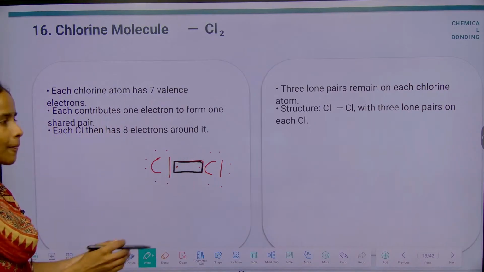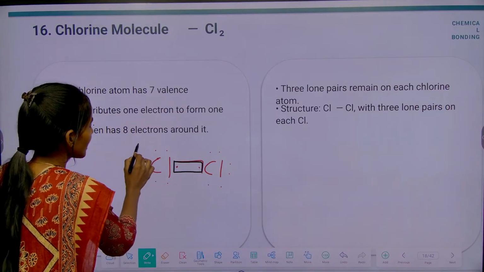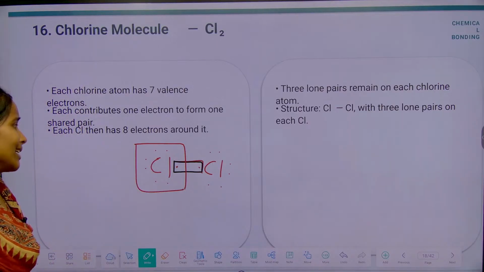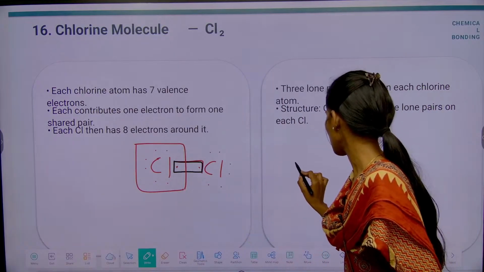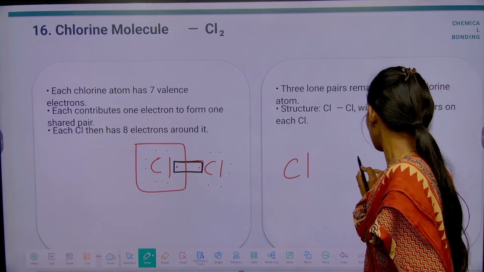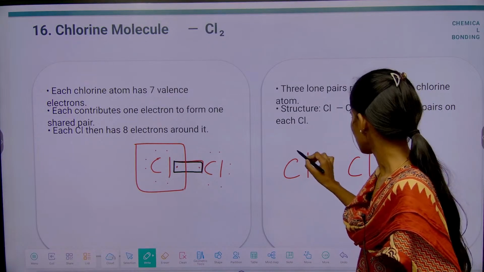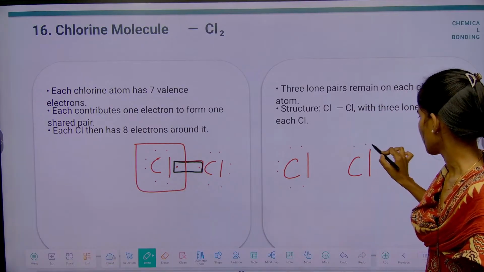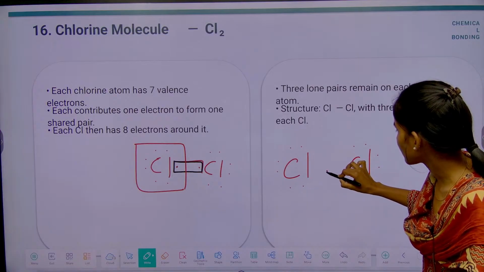Both electrons are shared, right? So each chlorine has 8 electrons in the valence shell. How to represent this? For chlorine, 2 electrons here, 2 electrons here, 2 electrons here. 2 electrons are shared between them, so I will represent it like this.